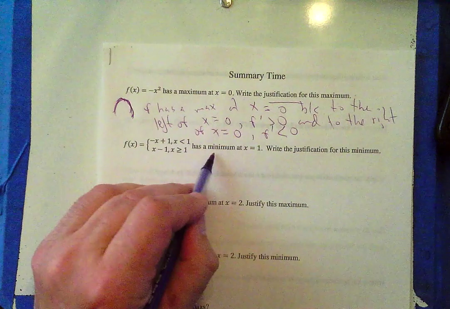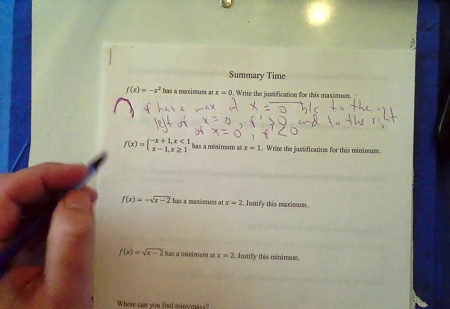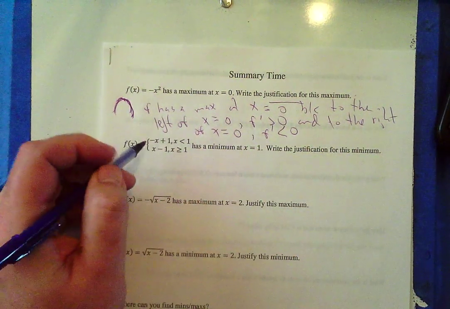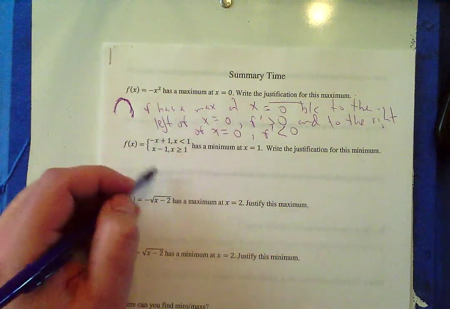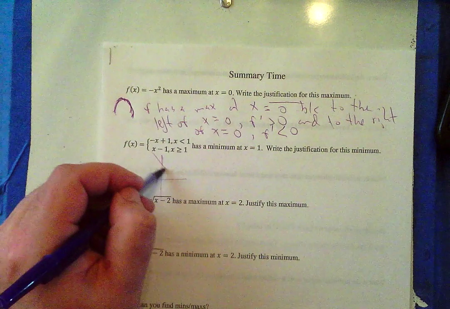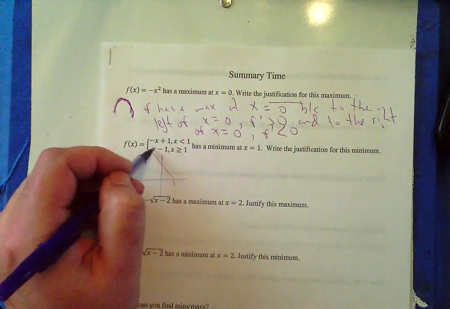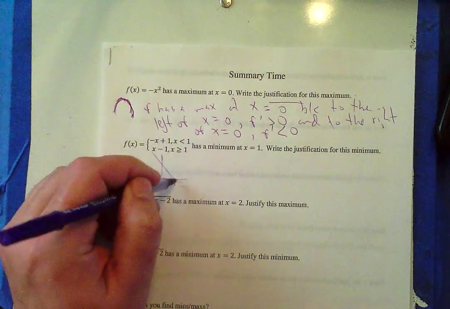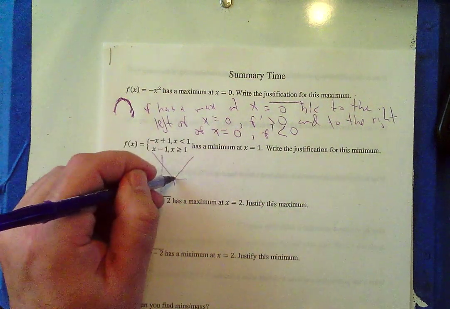Okay, f has a minimum at 1, write a justification for this minimum. So let's take a look at the little graph here, negative x plus 1, and there we do have a minimum.